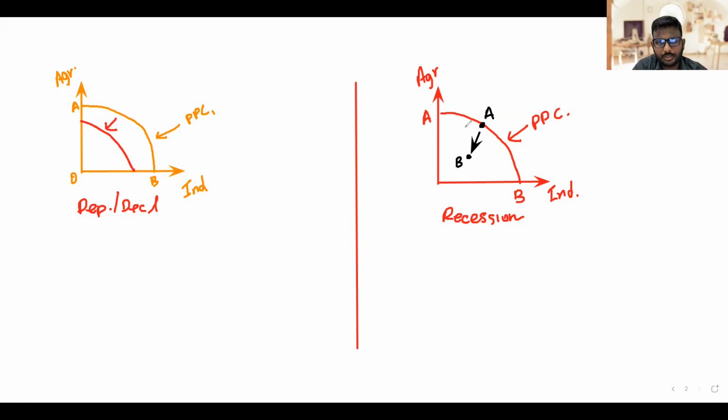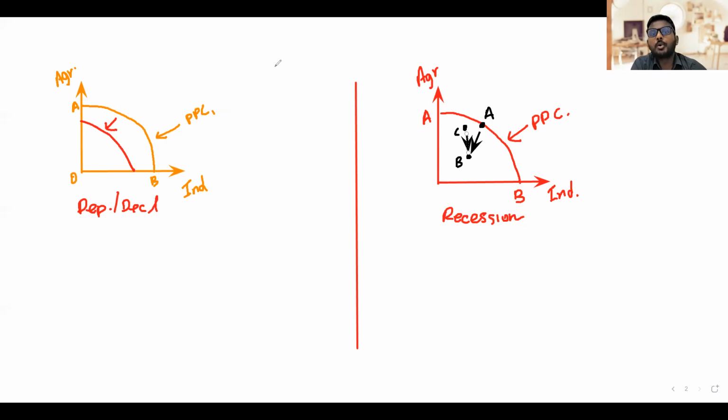Right. You mark a point already inside the PPC, but from there you are coming further in. You are already unemployed to some level, but that unemployment is increasing. That's what recession is. So you actually have to draw these two movements, from A to B and C to B. Both are recession, right?